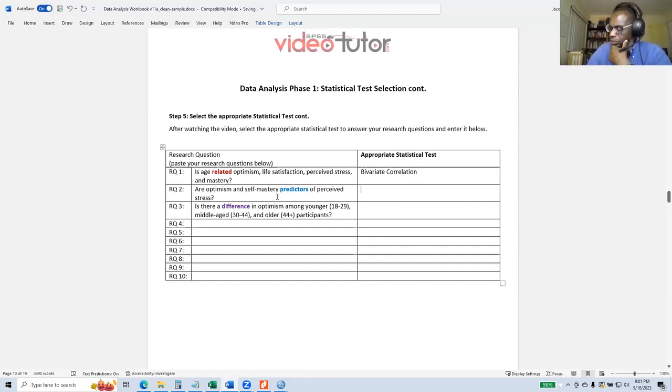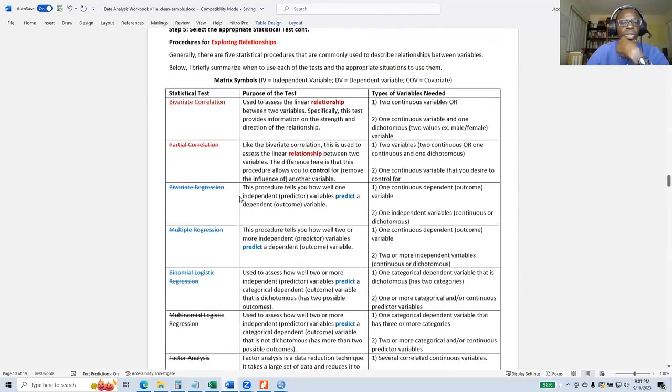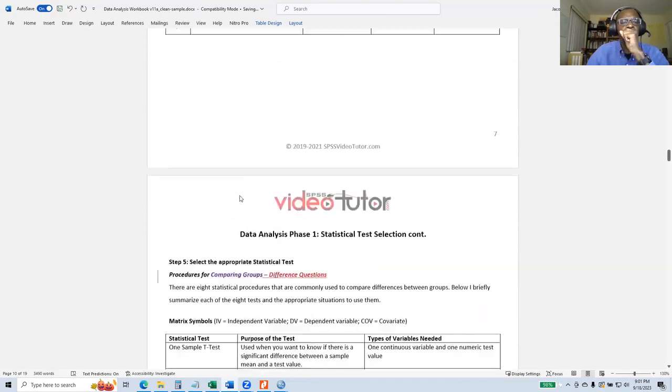Now, so then we say, are optimism and self-mastery predictors of perceived stress? Optimism is one variable, self-mastery is another variable, and perceived stress is another variable. So let's go back and see what kind of variables these were.